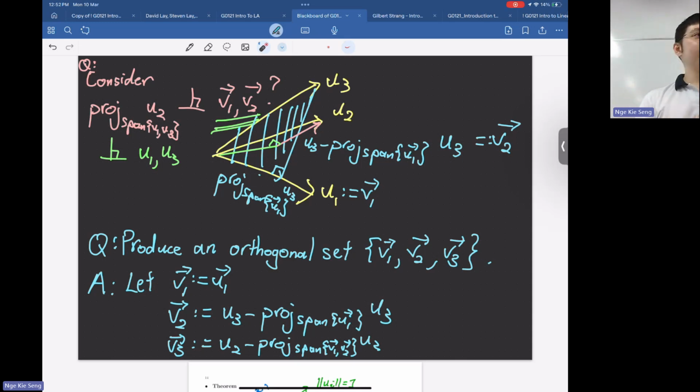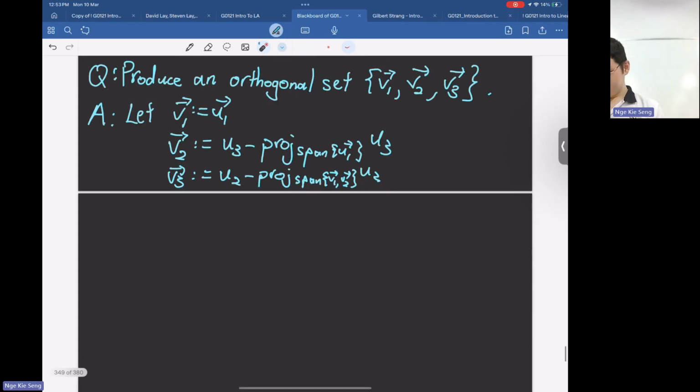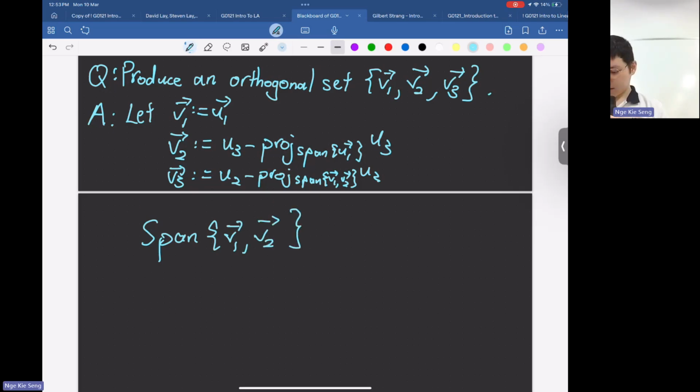Yes. The span of V1, V2 is basically the linear combination of V1 and V2. What do you mean by the sum? The vector of the V1 projection plus the projection of V2. So the span of V1, V2 is everything that looks like this.